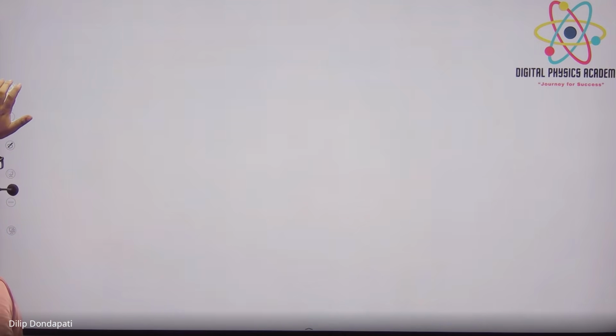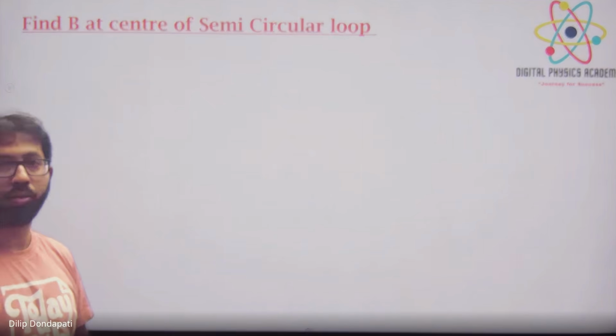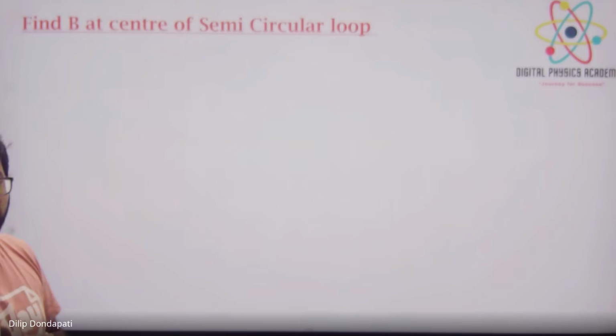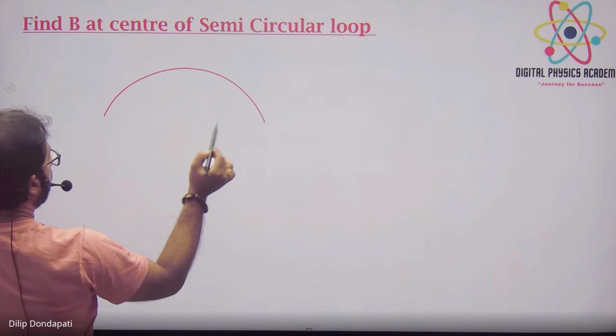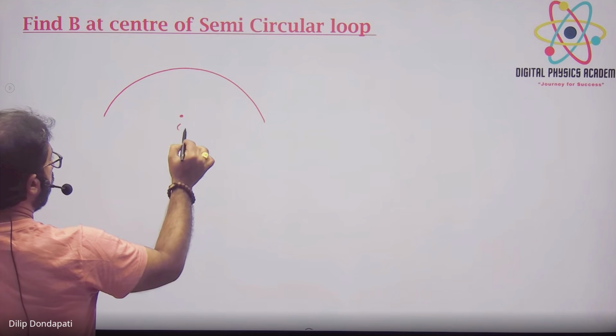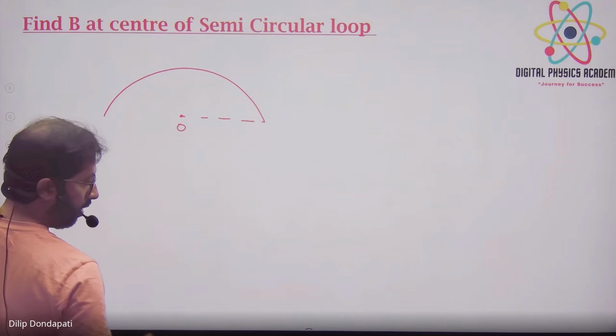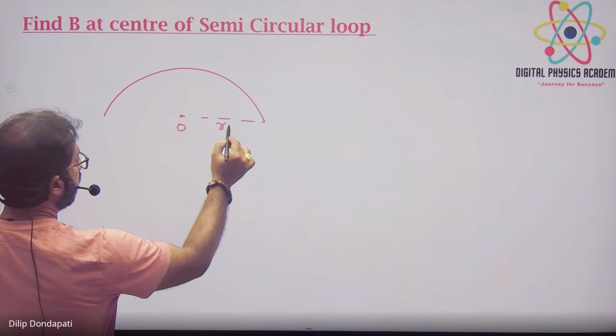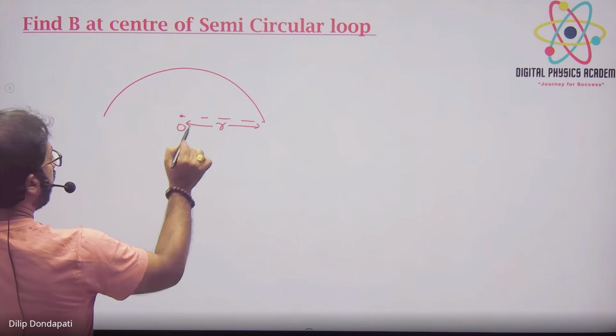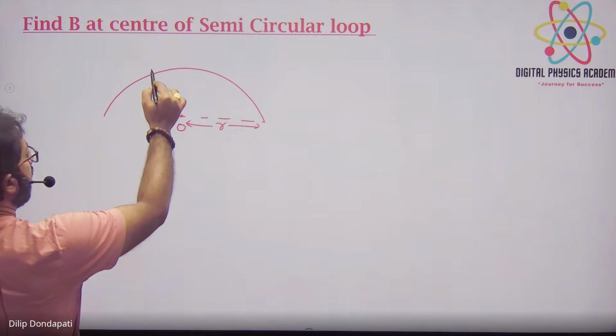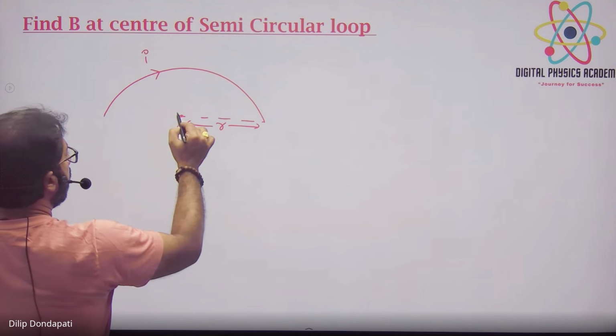Similarly, can you tell me for a semicircular loop? Find it for the semicircular loop. Learn to do the integration a little. Due to the semicircle, at the center O, at distance R away, I want to find the magnetic field at this point.